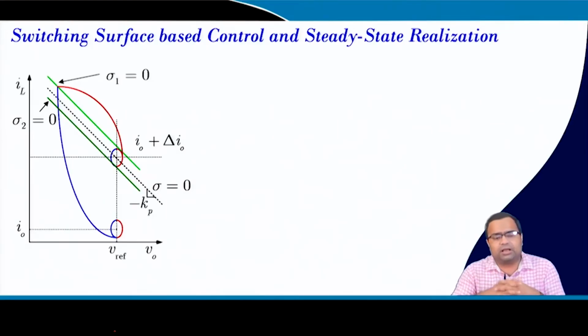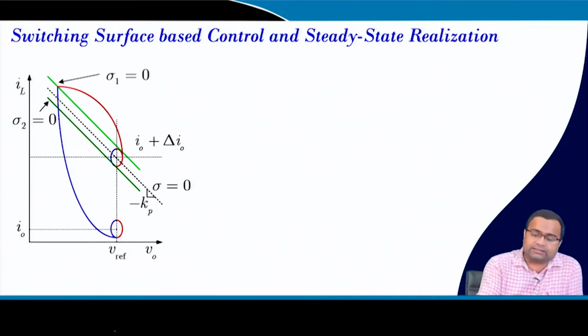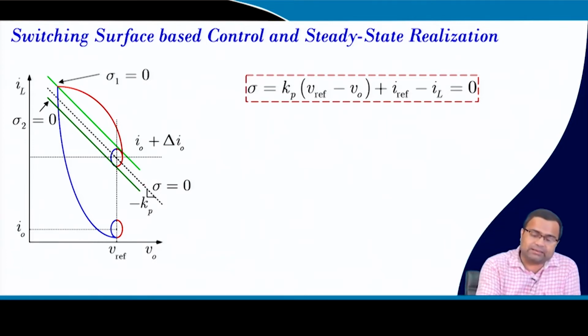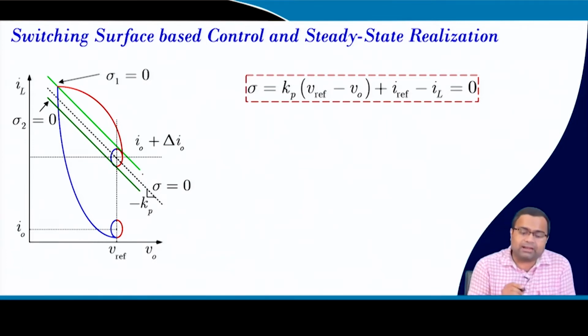First, this part we have discussed. If we want to realize our controller tuning, this sigma x is nothing but the switching surface, and it takes the error voltage into proportional gain plus the current error. Now, we have seen that this sigma is the dotted line, but in actual reality when we want to implement, we never use this ideal sigma.